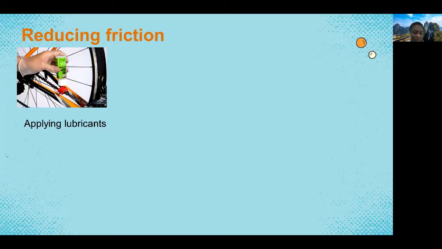Someone has written a very good point here: rust. If we don't apply oil here, this chain is going to rust, and if it rusts, it can cause wear and tear.